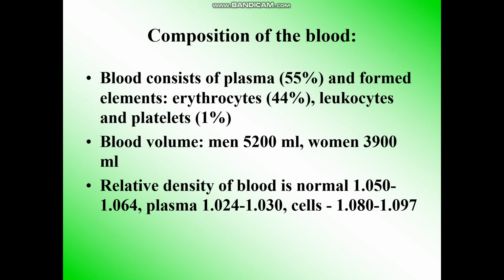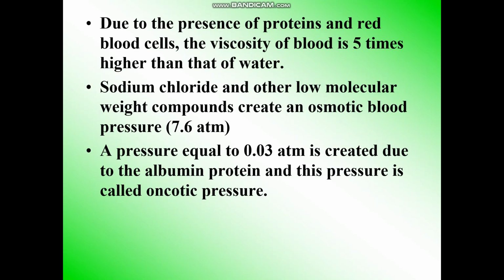Composition of the blood. Blood consists of plasma, 55%, and formed elements: erythrocytes, leukocytes, and platelets. Blood volume, man. Relative density of blood is normal. Due to the presence of proteins and red blood cells, the viscosity of blood is 5 times higher than that of water.